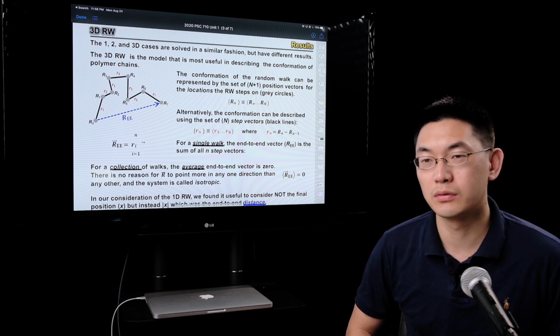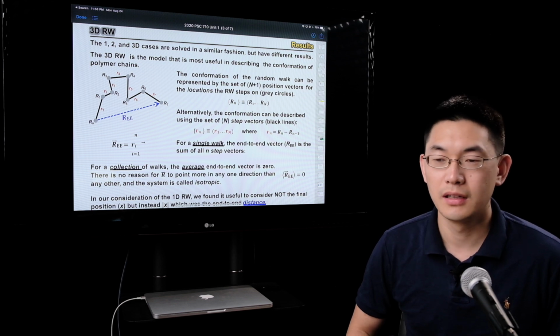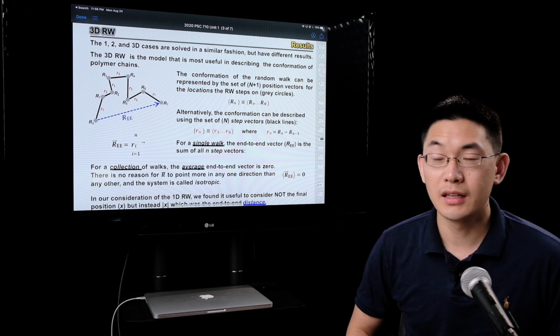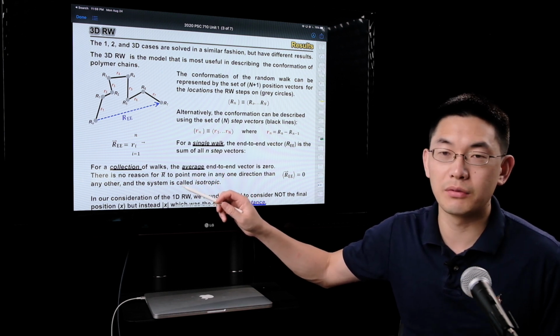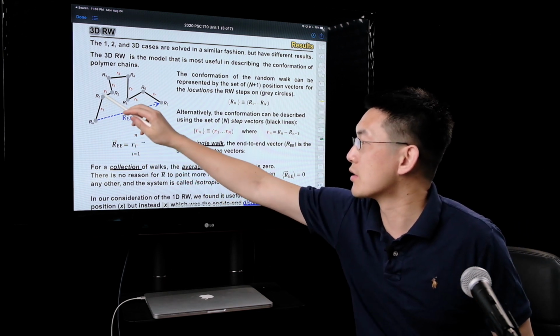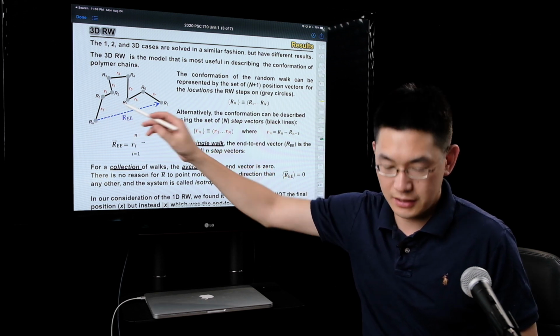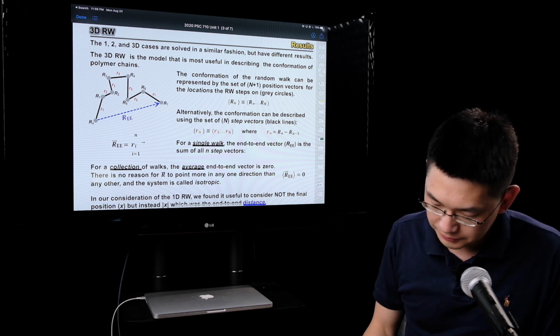For example, if you go southeast, you can reach Mobile instead of New Orleans. So in polymer physics, when we discuss chain conformation, the vector is also important. It tells you where you start off and where you end. So this represents a distance, not just a value.